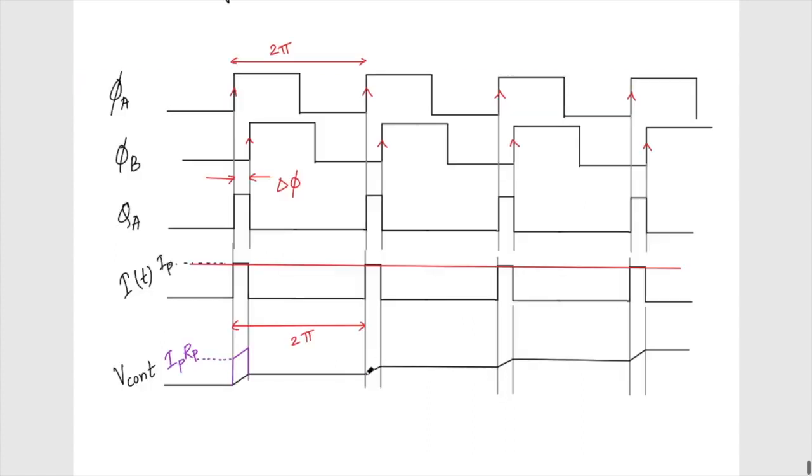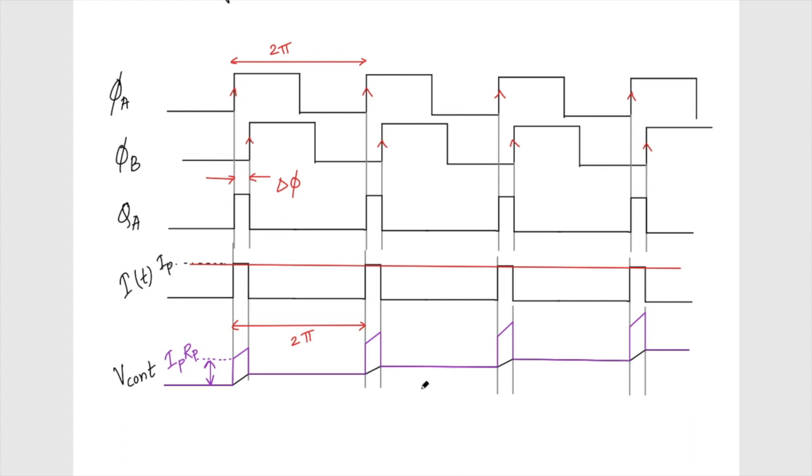So there is a jump, right? My control voltage will look something like this. Instead of the black color, it will look something like this. We can see that there are a lot of spikes, and the height of these spikes is equal to Ip into Rp.